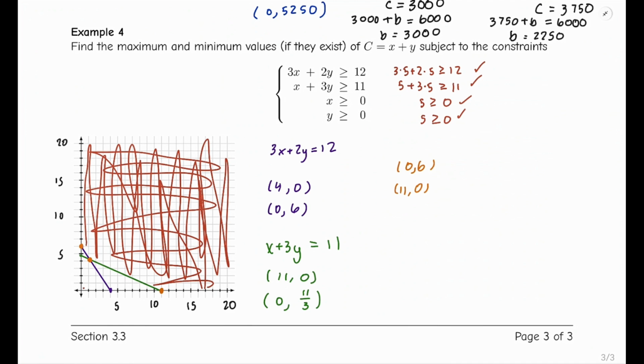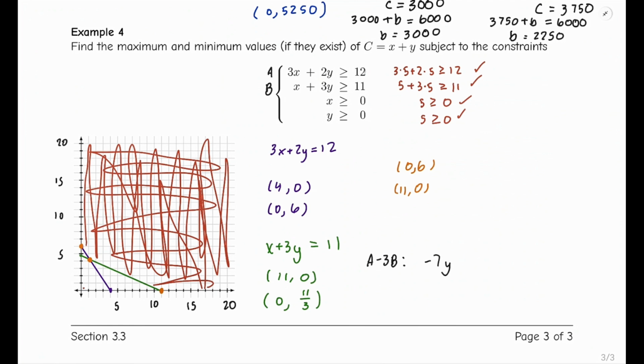And I actually think I just drew my lines poorly because it looks like it's at (1, 4). But I think it's at (2, 3). So I just drew my lines poorly. But instead of trying to second guess, let's go ahead and solve it. Let's call this A, call this B. If I multiply B by -3, so I want to do A minus 3B. So 3 minus 3, 0. 2 minus 3 times 3 is -7.